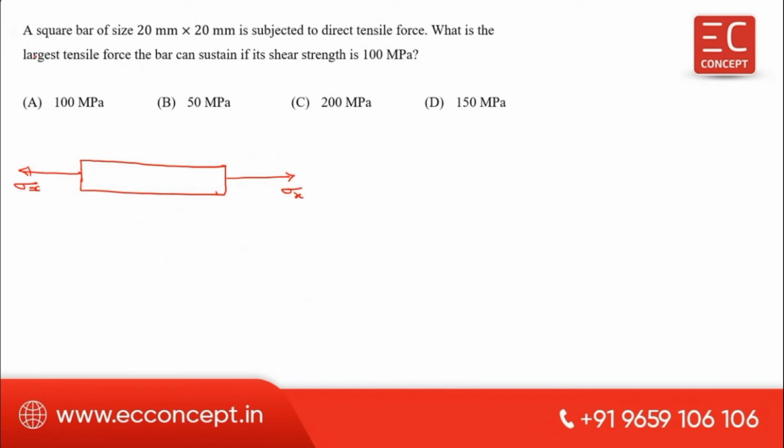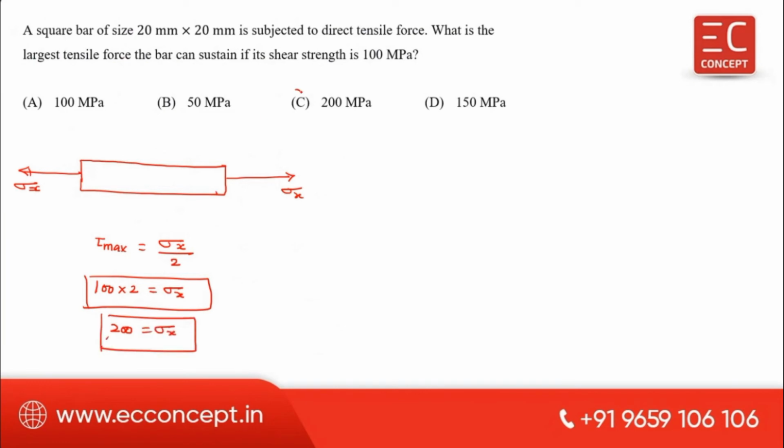What is the largest tensile force of the bar if it can sustain a shear strength of 100 megapascal? For this kind of arrangement, we know that tau max, the maximum shear stress, is equal to sigma x divided by 2. So this is 100, therefore into 2 is equal to sigma x. That is the largest tensile stress. Sigma x equal to 200. Therefore, the answer for this question is 200.